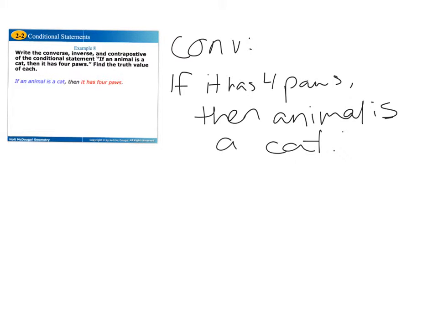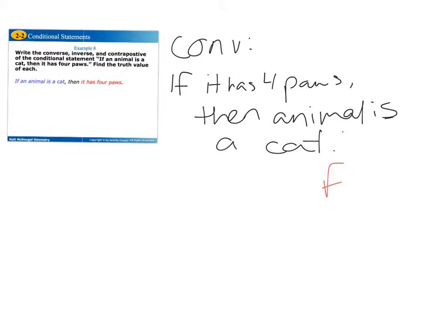We're accepting that to be true. Now we're looking at this statement: if it has 4 paws, then the animal is a cat. That one is false. This is still the converse, and we still write it out, but the converse is false because there are so many other animals that have 4 paws but aren't cats, like a dog, for example.